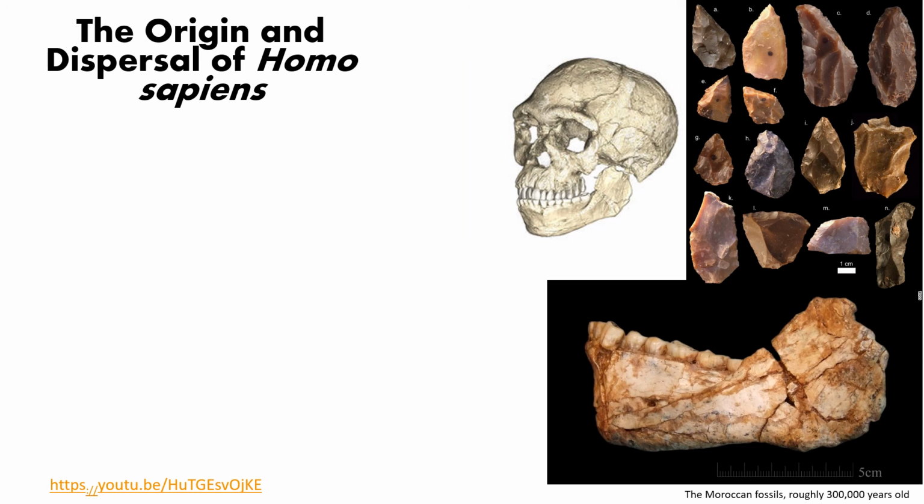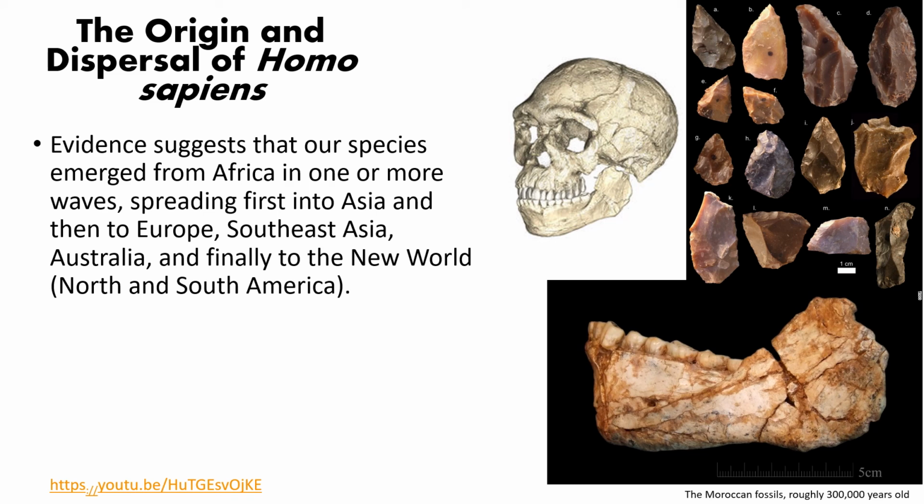So one thing we know about humans is that we have dispersed and covered the globe. And so we think that there were multiple waves of humans leaving Africa and spreading out first into Asia and then into Europe, finally Southeast Asia, Australia, and then arriving in the New World, which is North and South America.